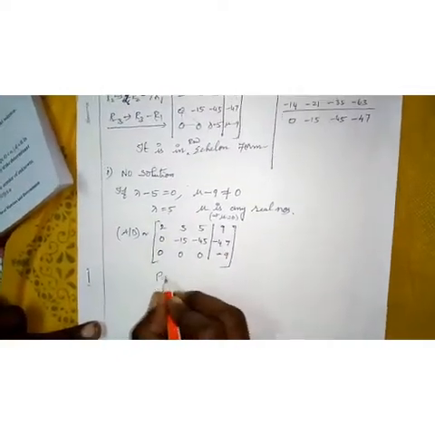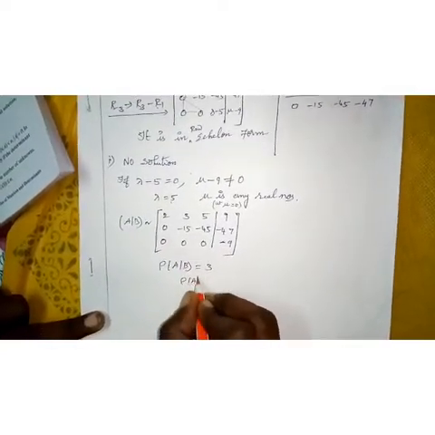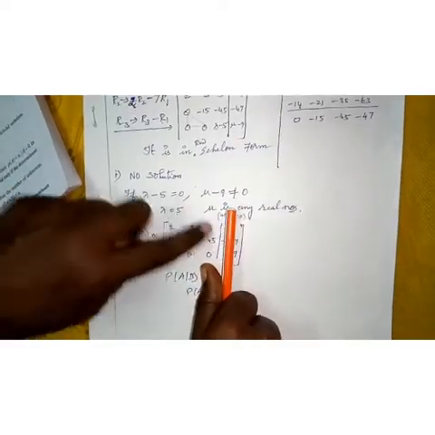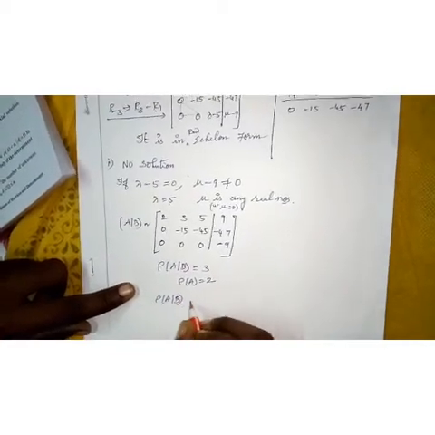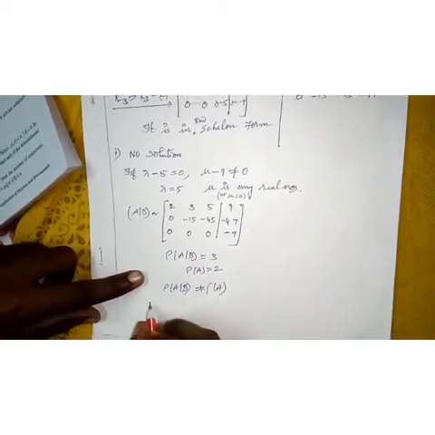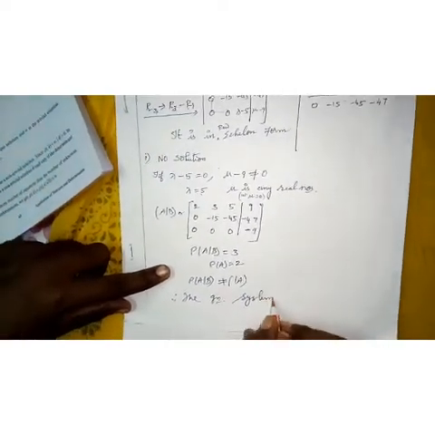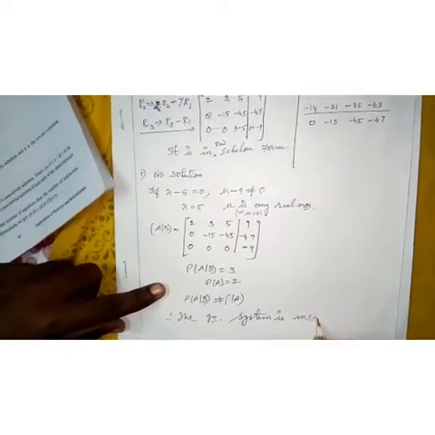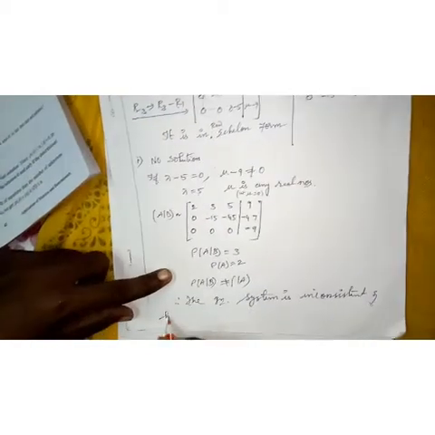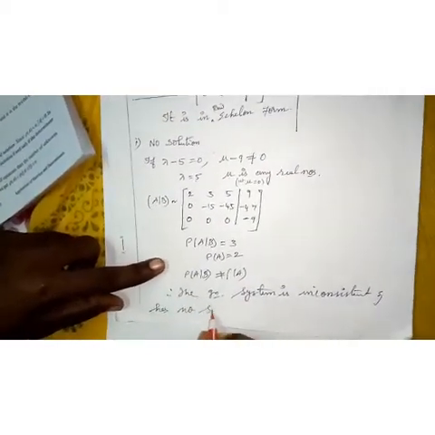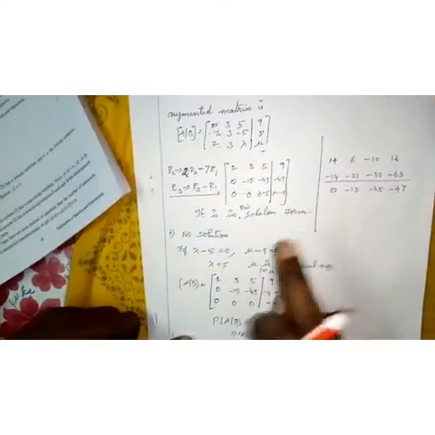Now write rank of [A|B] equal to 3. Rank of A, closing this last column, this is the A matrix. What is the rank of this matrix? 2. The rank of [A|B] is not equal to the rank of A. Therefore, the given system is inconsistent and has no solution. The first condition is over. In the same way, you have to apply the second one.